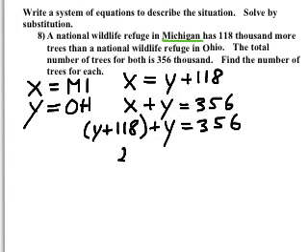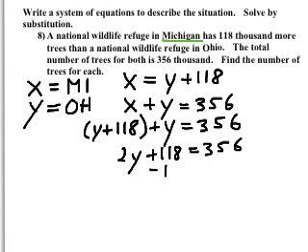Okay, then we simplify. We get 2y plus 118 equals 356. Add a negative 118 to both sides.